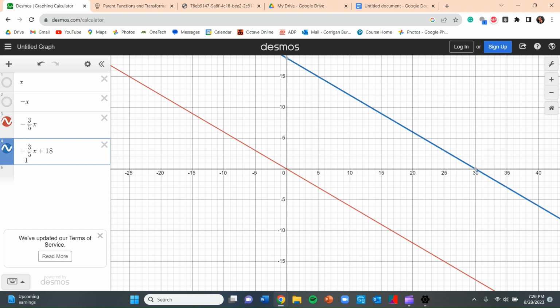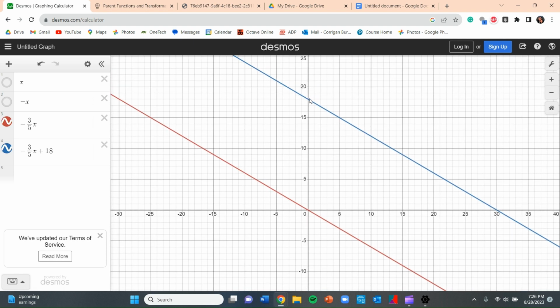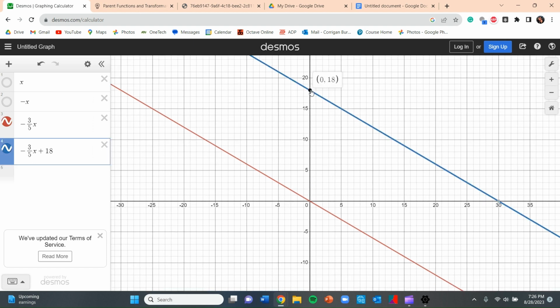But that really doesn't make sense because we used the number 18, so shifting it to the right 30 doesn't make sense. However, if we go up here and look at this point right here, we can see that we've also shifted it up by 18 units. So if I was going to ask you which one was more likely, since we added 18 to it, we're going to say that's a vertical translation of 18 units upwards.